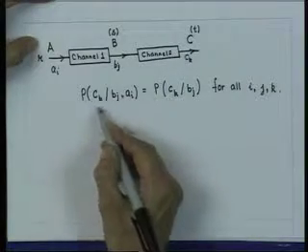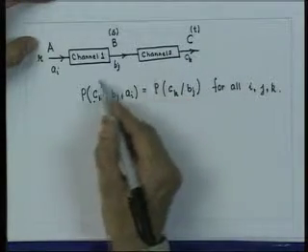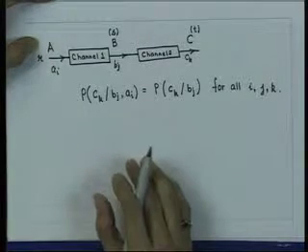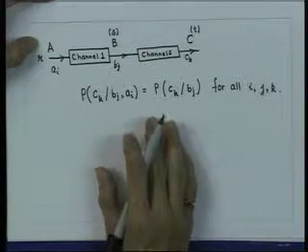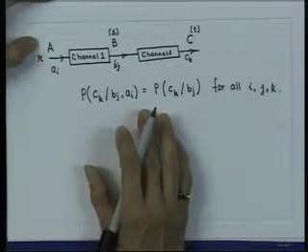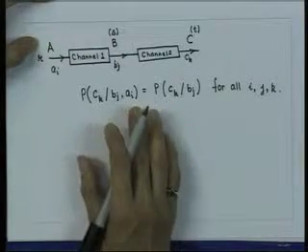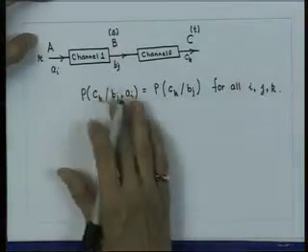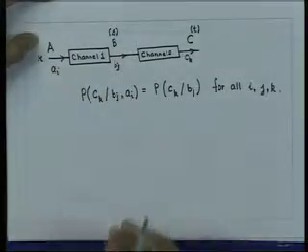In fact, this equation may be taken as a definition of what we mean by the cascade of two channels. Now, a direct application of Bayes' rule, which we studied in the earlier class, yields a similar equation in the reverse direction.